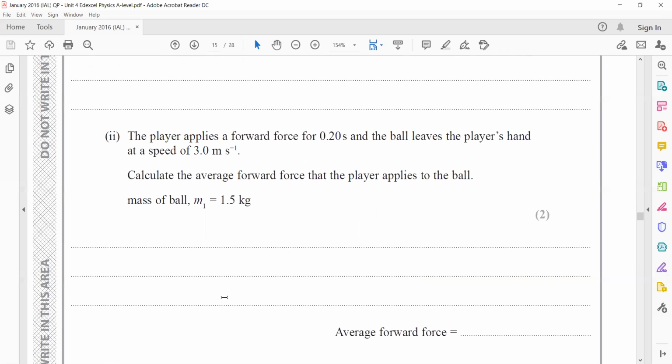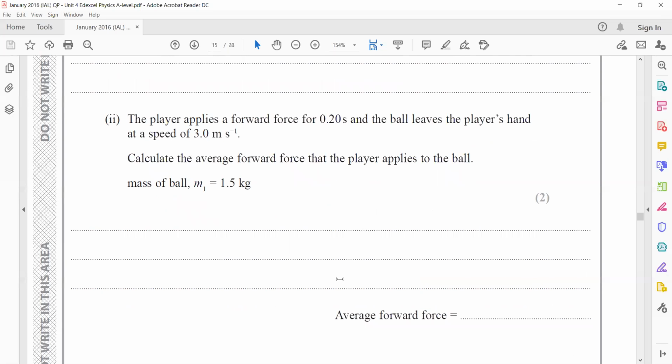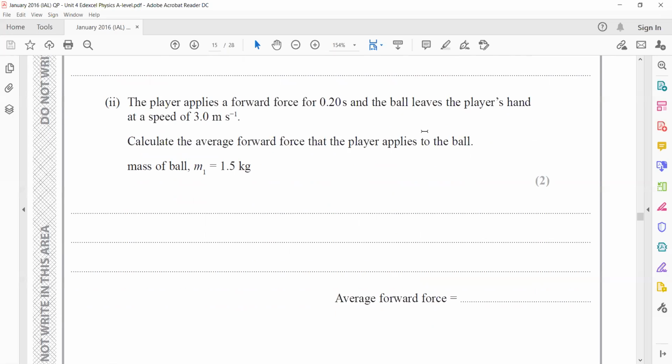The player applies a forward force for 0.2 seconds. The ball leaves the player's hand at a speed of 3 meters per second. Calculate the average forward force that the player applies to the ball. The mass of the ball is 1.5. So what is the force? You can use the concept of change in momentum divided by time.